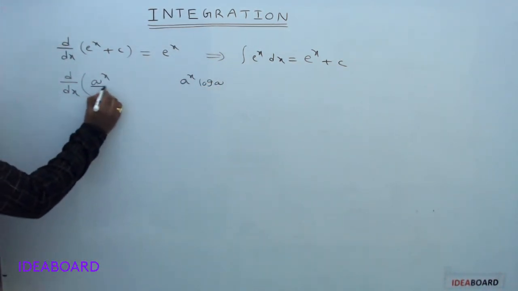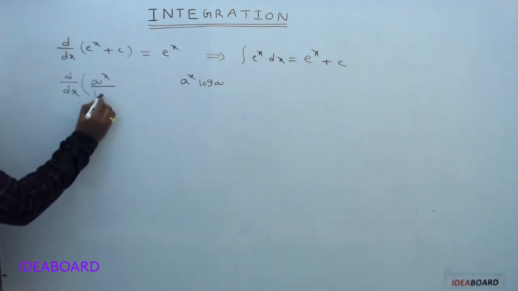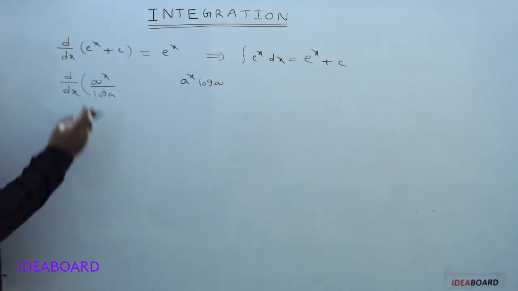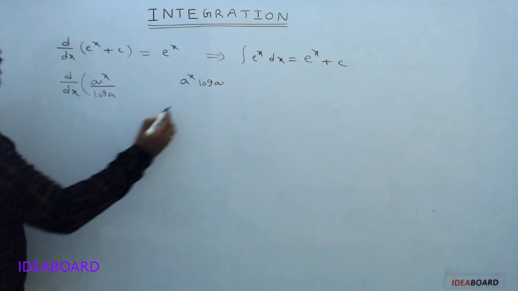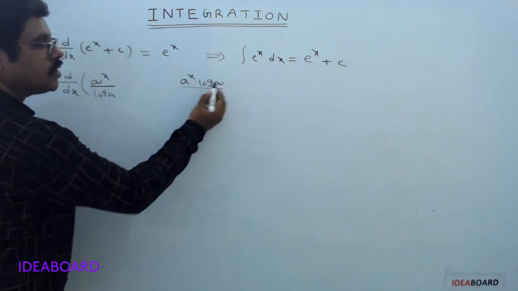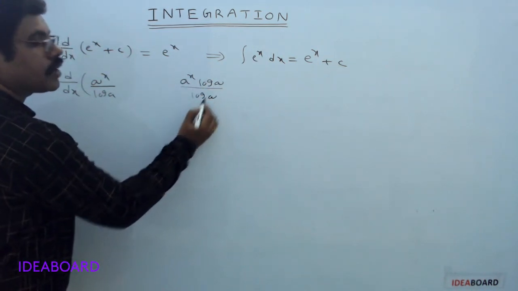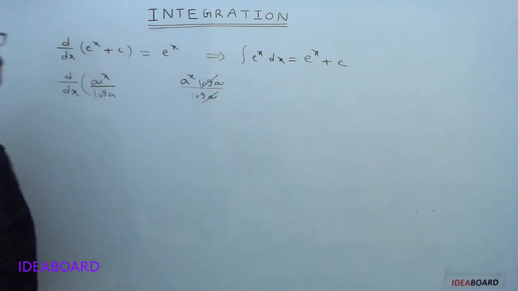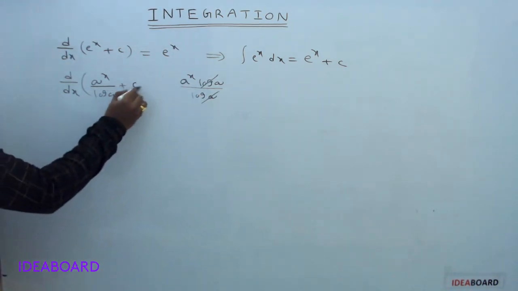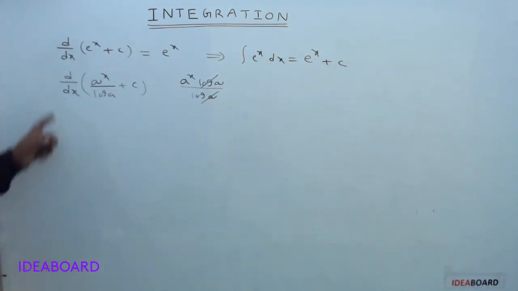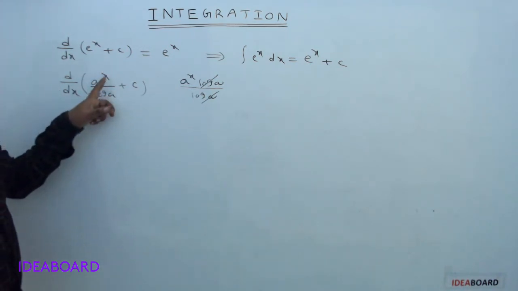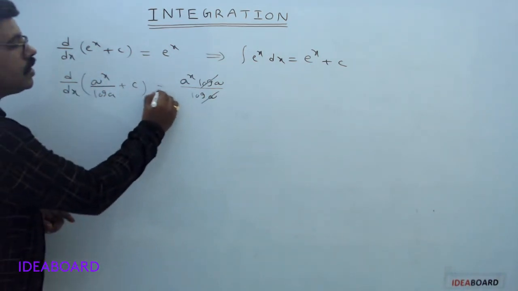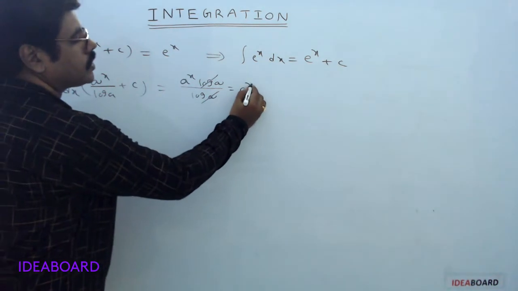Now, what is the derivative of a power x by log a? So, derivative of a power x by log a is a power x into log a upon log a. Now, here log a will be cancelled. If you add a constant term, then also derivative of a power x by log a plus c is a power x.